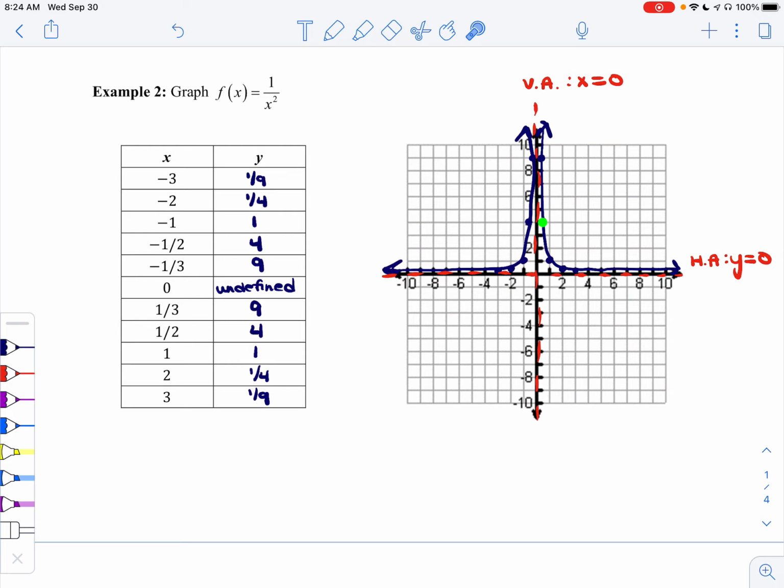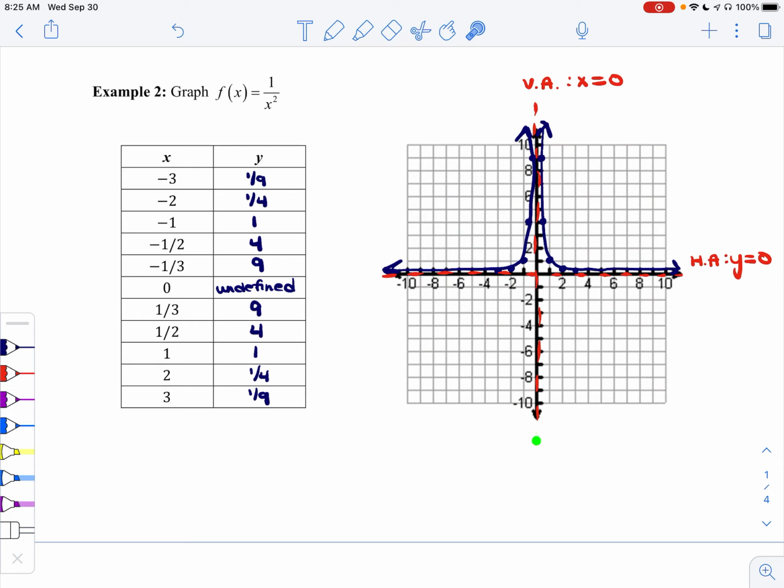And same thing toward the right. As x approaches positive infinity, our y's are approaching the horizontal asymptote at y equals 0. So the horizontal asymptote is essentially the end behavior of a rational function. It's telling us what our graph is approaching toward the far left and far right of our graph, and it's leveling out to some horizontal line.